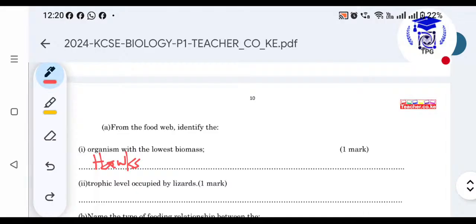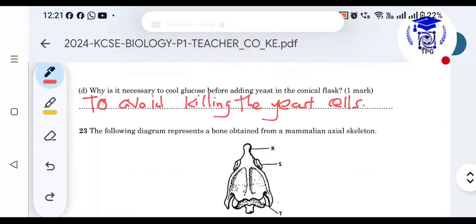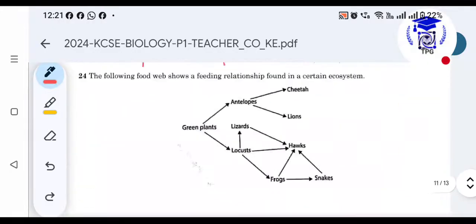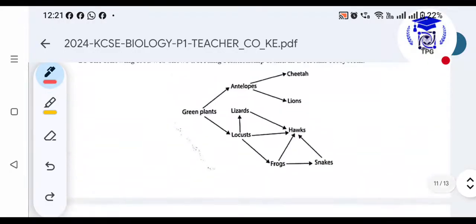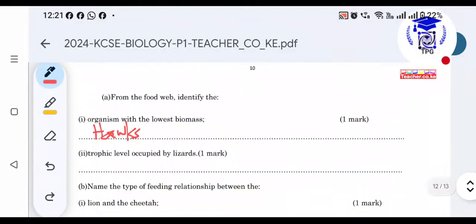Then identify the trophic level occupied by lizards. Lizards occupy secondary consumers.